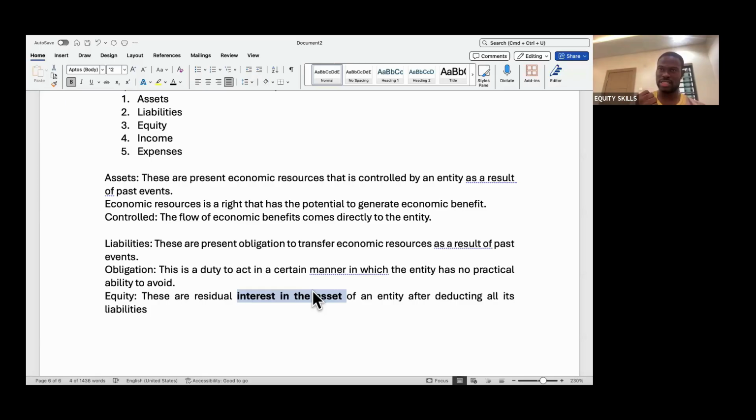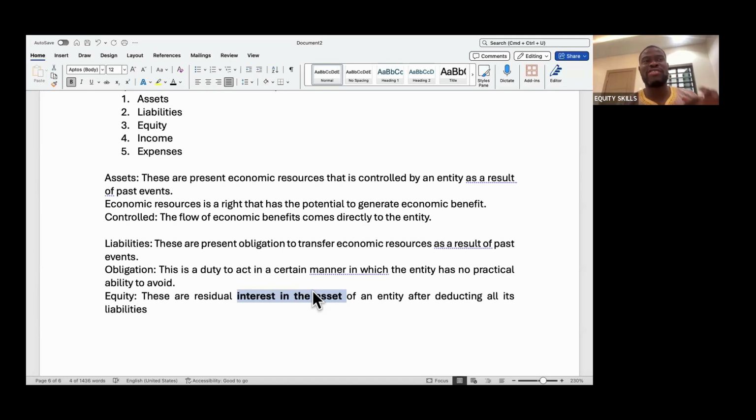Whatever money the company makes, whoever owns that money, whoever collects that money, whoever gets returns from that money has interest. So we're not talking about just any interest, we're talking about financial interest, right? Where your interest in the assets of an entity is residual, we call you equity holder.